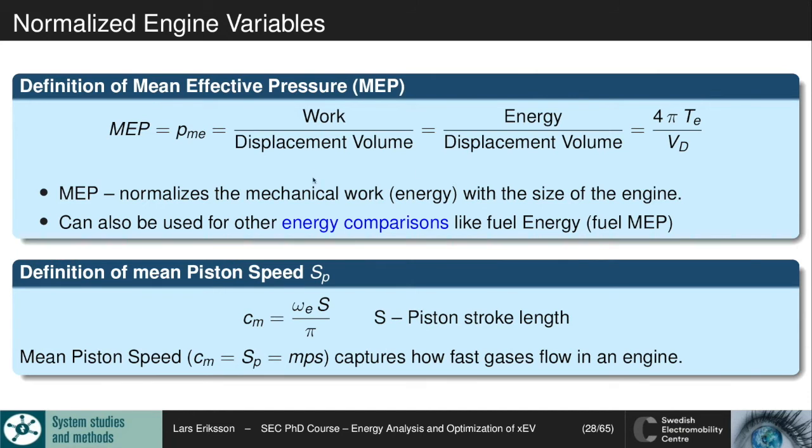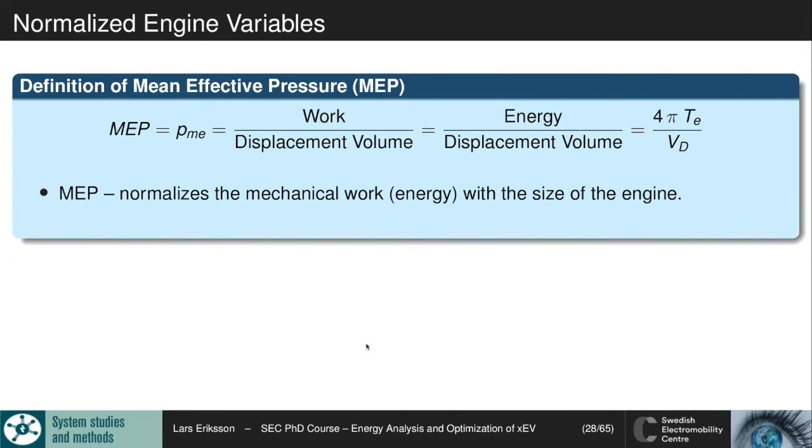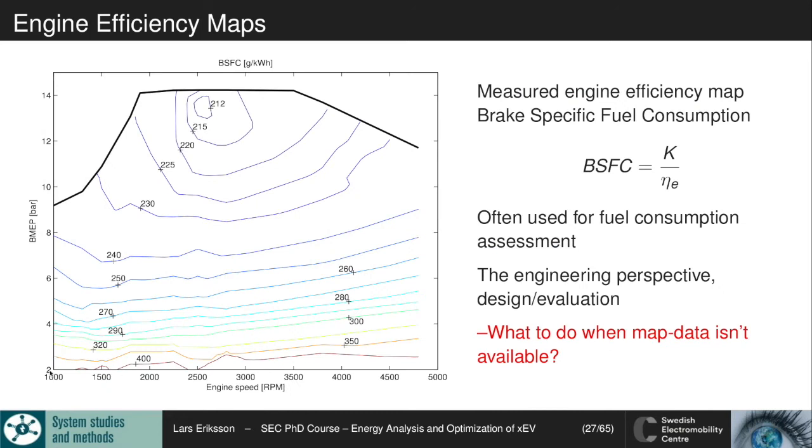So this is one dimension. It's a load dimension. The other is a speed dimension. If you look at the map that we had, let me back off to it once again. Here we have one dimension which is the speed, and here we have another dimension that is the load. And here you already see the brake mean effective pressure that has been normalized. So it's torque up here, so high load up here and low load down here, and engine speed here, low speed, high speed.